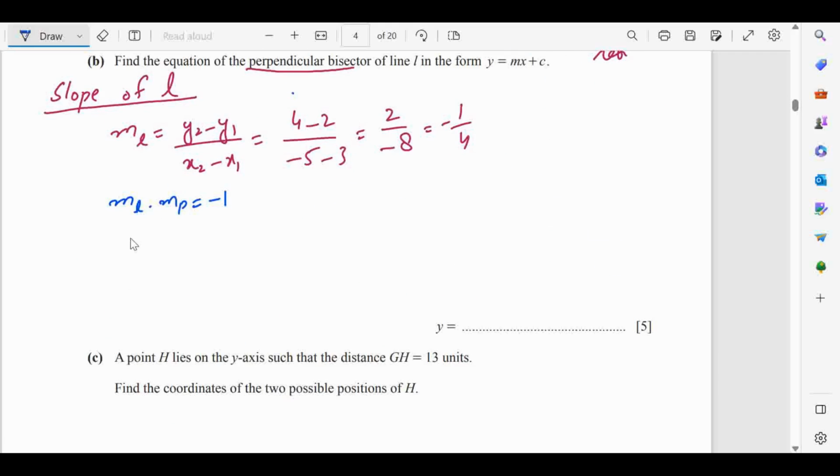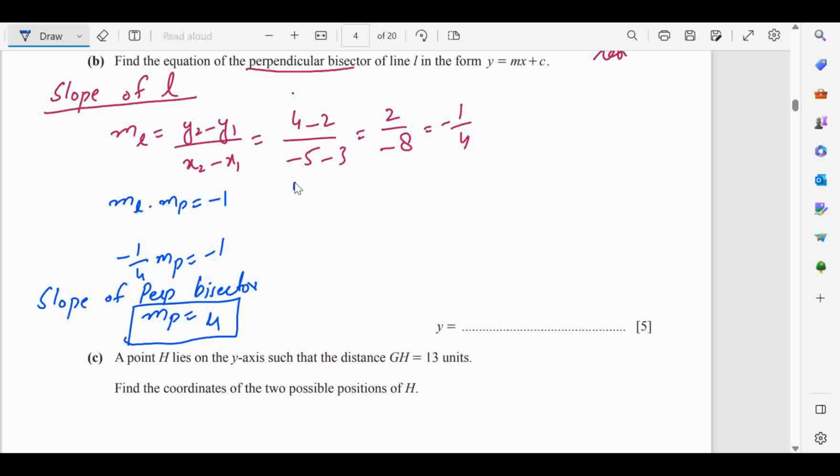So if we put it over here, minus 1 by 4 times m. Finally, the slope of the perpendicular bisector will be equals to plus 4. Now this is the slope.